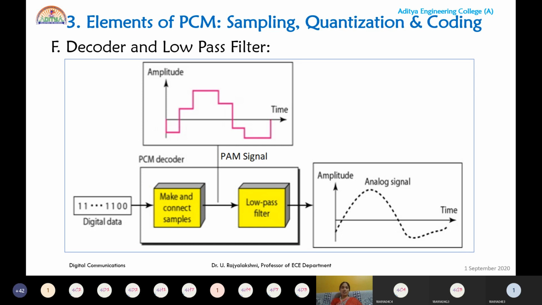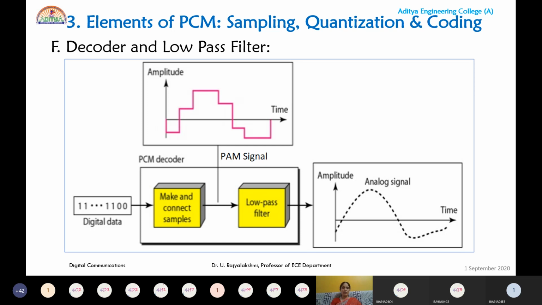Please all of you listen carefully here. This regenerated PCM signal acts as input to the decoder.